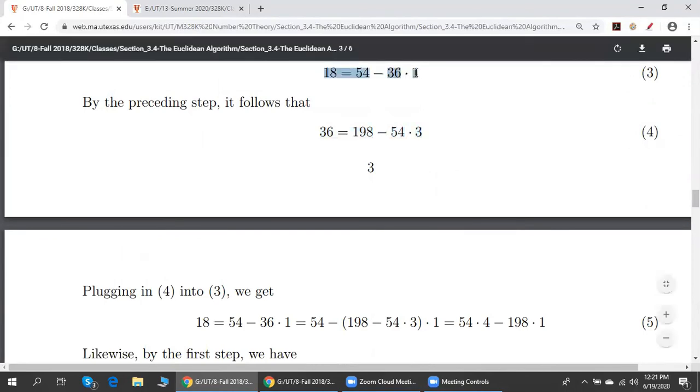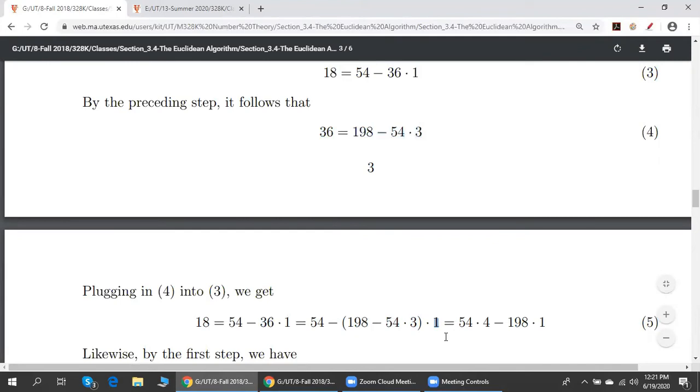We start from this. Done. Then we replace 36, which is exactly what is written here, by this expression. Done. After that, we expand parentheses.